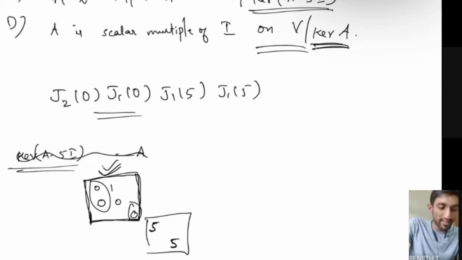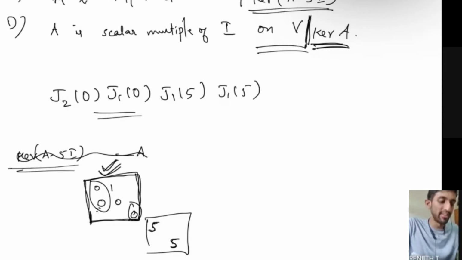This element is in the kernel of A square. So this part won't be removed if you quotient out with just kernel A, because in the kernel of A there are only these two elements, and then 5 and 5.